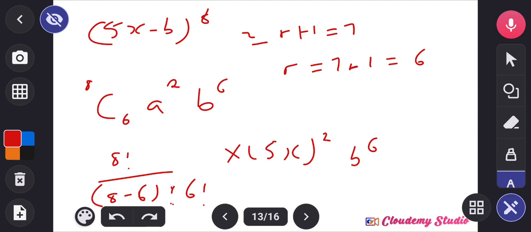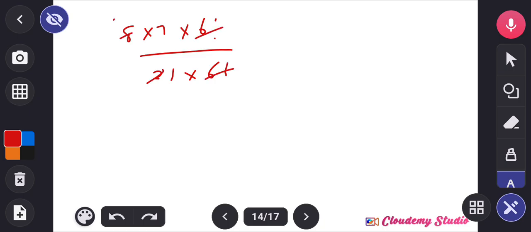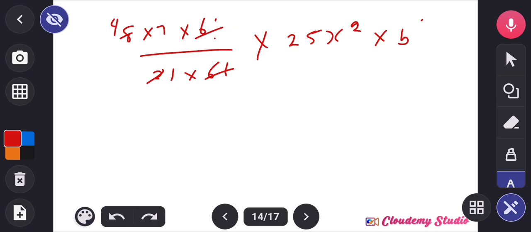Now 8 factorial divided by this gives 8 times 7 times 6 factorial divided by 2 factorial times 6 factorial. So 6 factorial cancels 6 factorial, and 2 here 1, 2 here 4. That is multiplied by the 5 squared, which is 25 x squared, multiplied by b raised to the power 6.